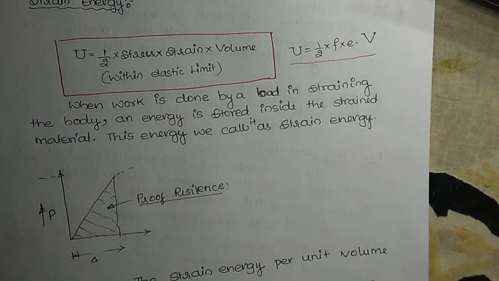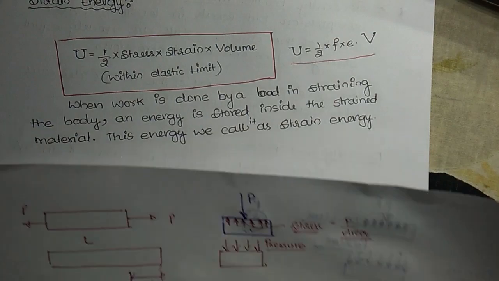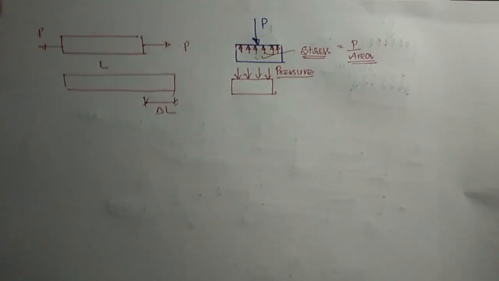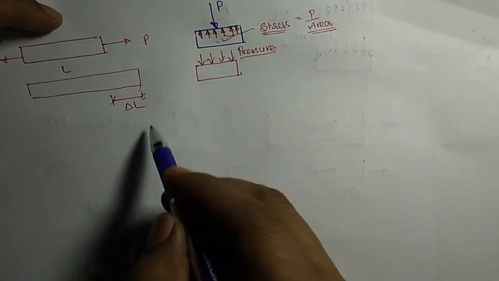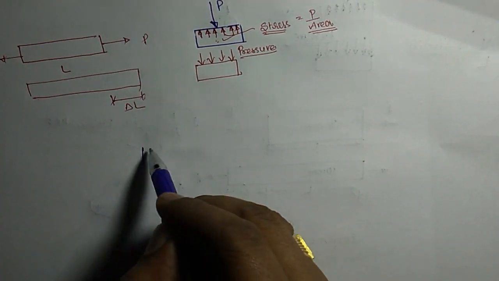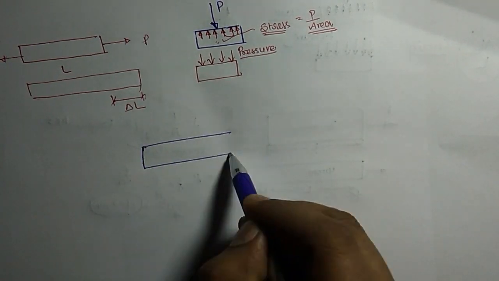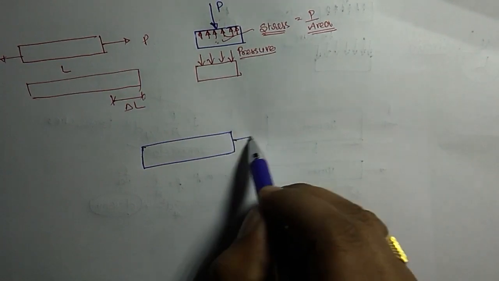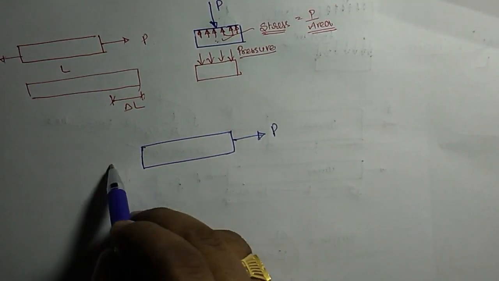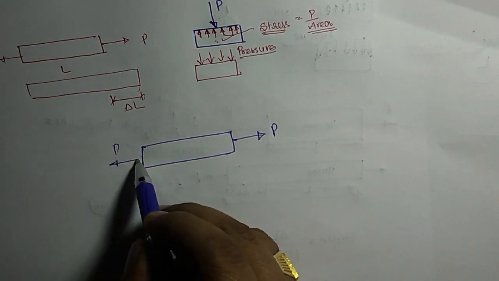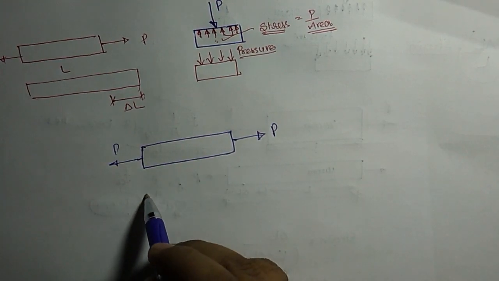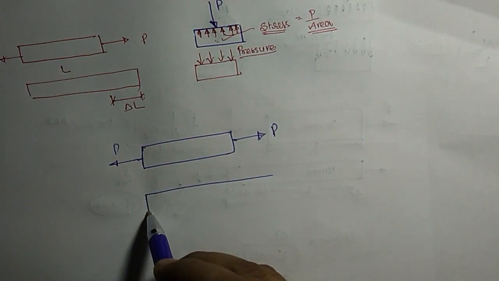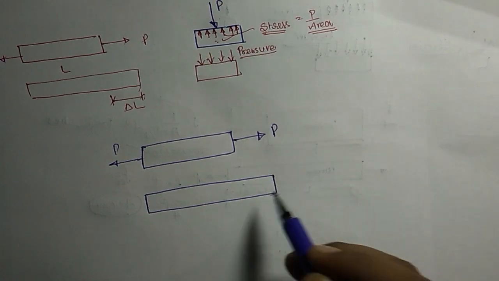Okay, coming to the topic strain energy, I can explain it in a different way. Just understand it. You have a small bar. I will apply a force P to this particular bar. When I apply a force P, the bar will increase its length.